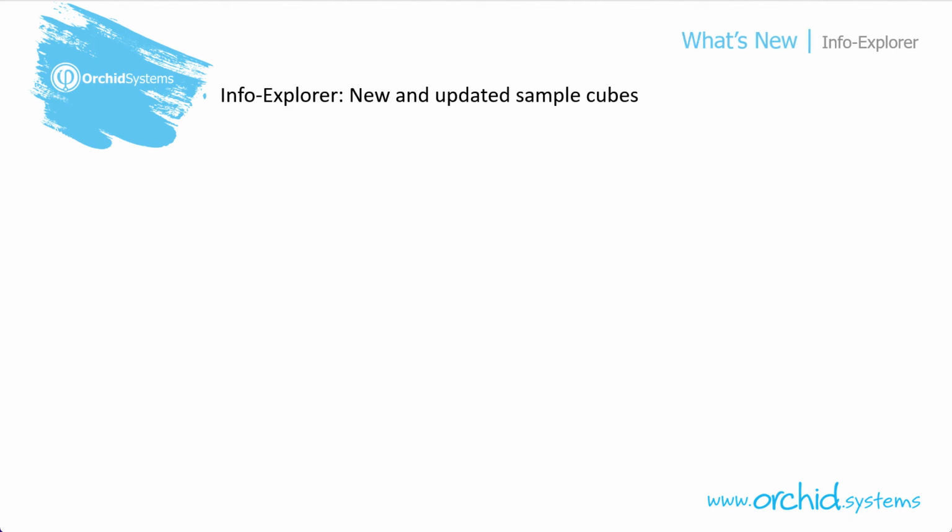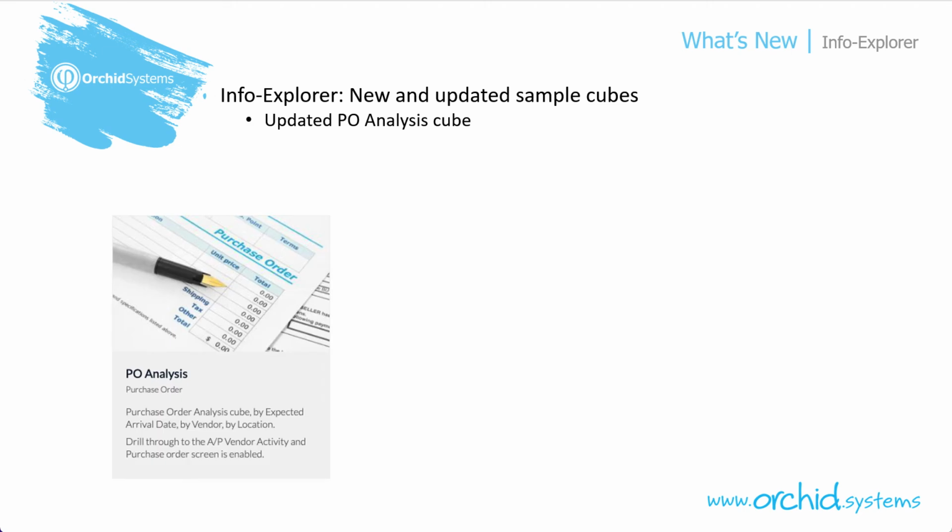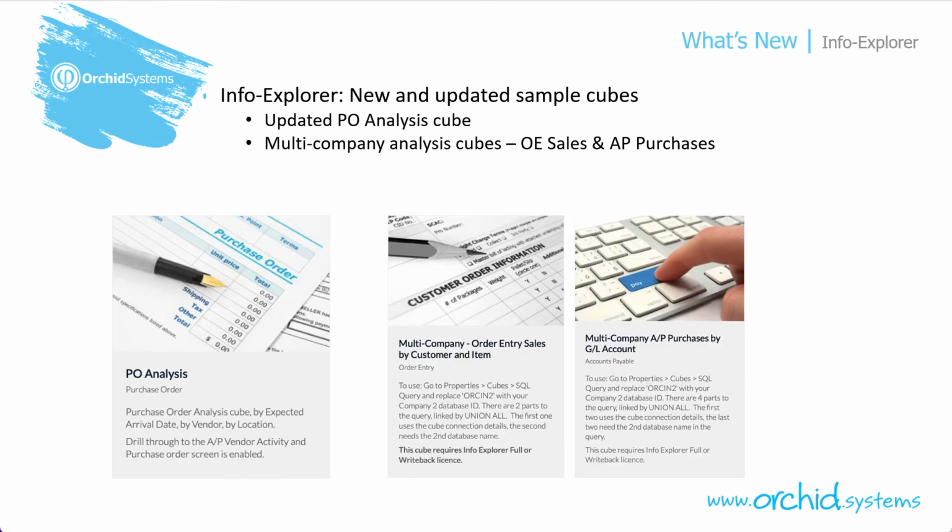For Info Explorer, we have created some new sample cubes and updated some existing sample cubes. We have updated the PO analysis cube, and this gives you purchase orders analyzed by expected delivery date, and we've included some new views in that cube. And we've also provided two multi-company analysis cubes.